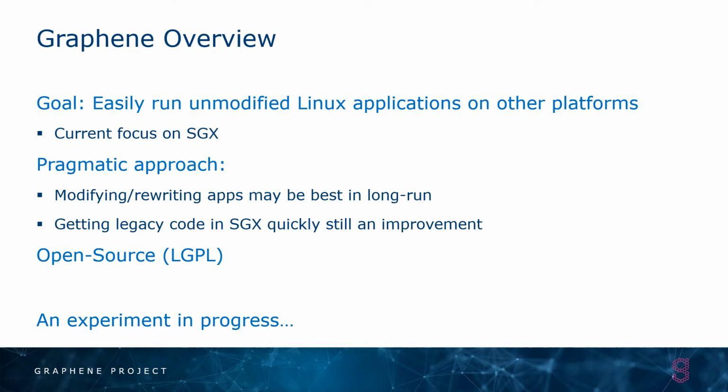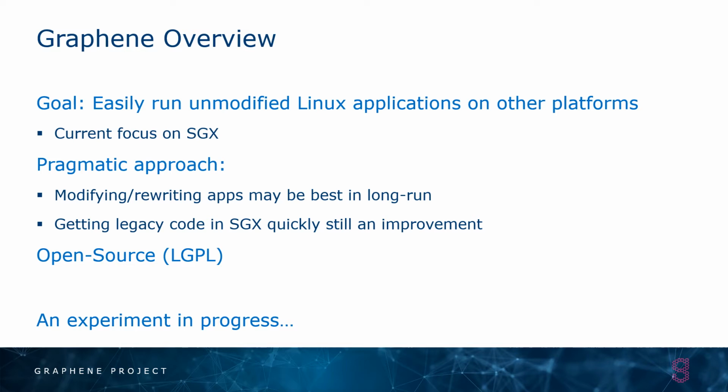In the SGX world, we take a pragmatic approach. There's one school of thought that we think has a lot of value, which is that to get the most out of SGX in terms of performance and security, in the long run, it's probably best to rewrite or significantly overhaul your application. However, in this project, we don't want the perfect to be the enemy of the good.